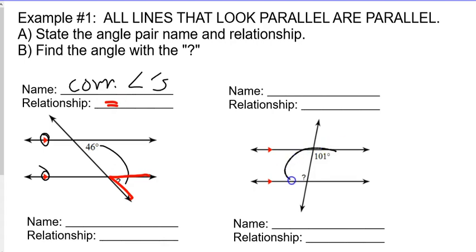Well, they're both on the inside of these lines. They are on opposite sides of the transversal, so that makes it alternate interior angles. And notice again, this one is obtuse. This one is obtuse. They are congruent.